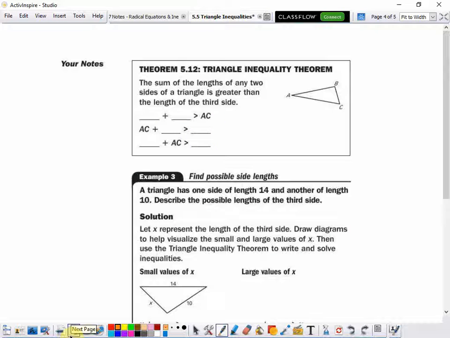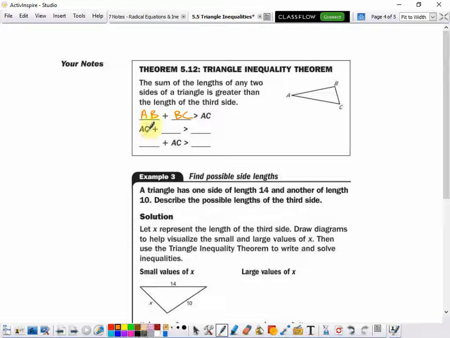Another theorem, the triangle inequality theorem. The sum of the lengths of any two sides of a triangle is greater than the length of the third. So that means that if I add up sides AB and BC, what I get from that would have to be bigger than AC.